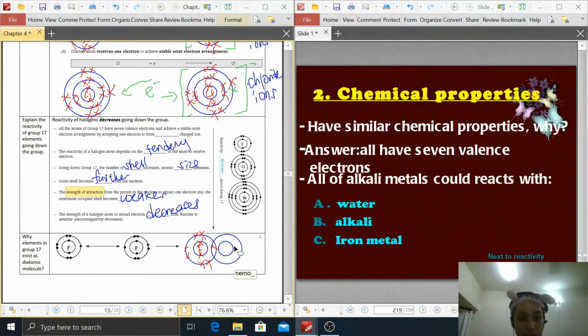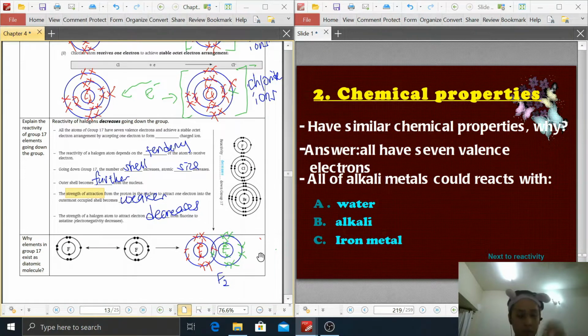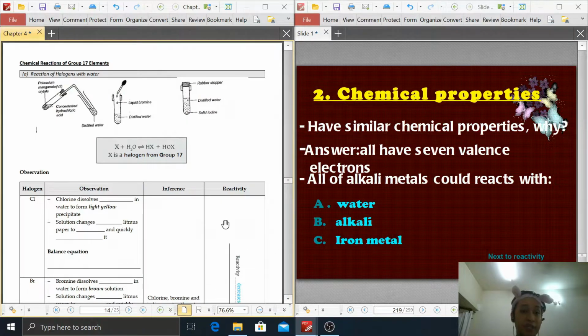I'm going to use another color to show the different atoms. So 2, 2, 3, 4, 5, 6, 7, 8. Technically that is how they can achieve octet stability, and that is why all group 17 elements exist as diatomic molecules. So that is the first part of the topic.